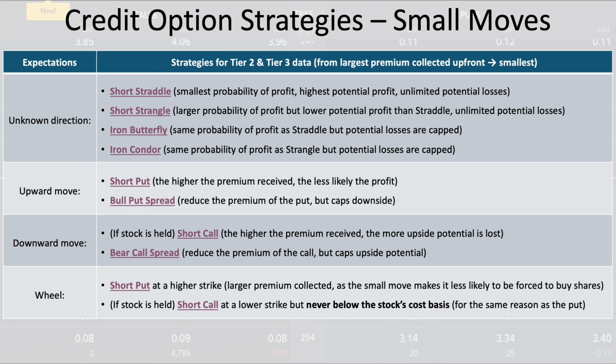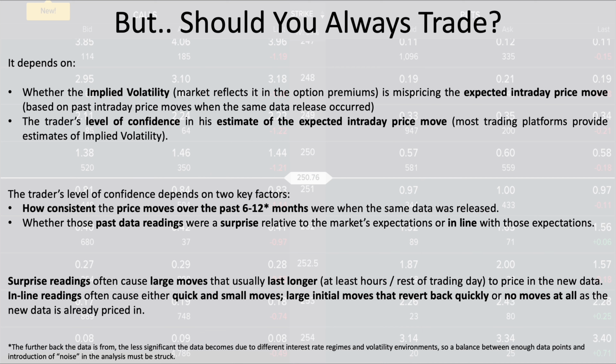Now, with all these strategies, I think the question that anyone should ask at this point, having seen all this, is should you always trade whenever information or data is about to be released? It depends, and it depends on whether the implied volatility, which is reflected in the option premiums, is higher, the premiums are inflated.